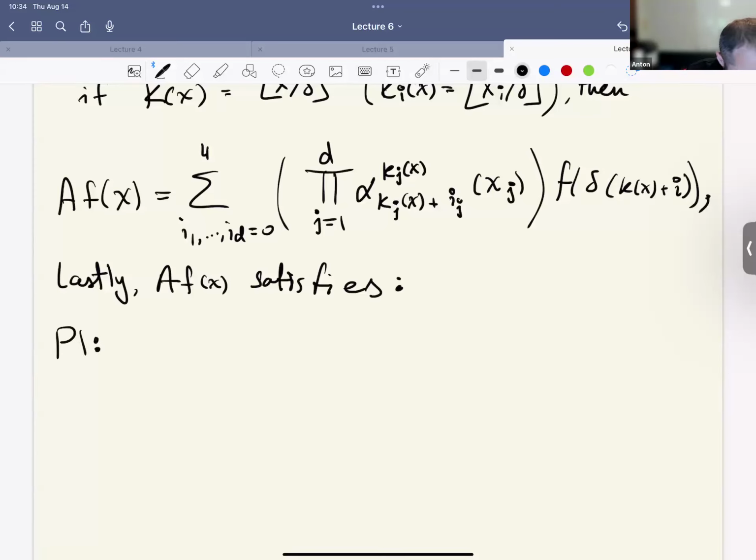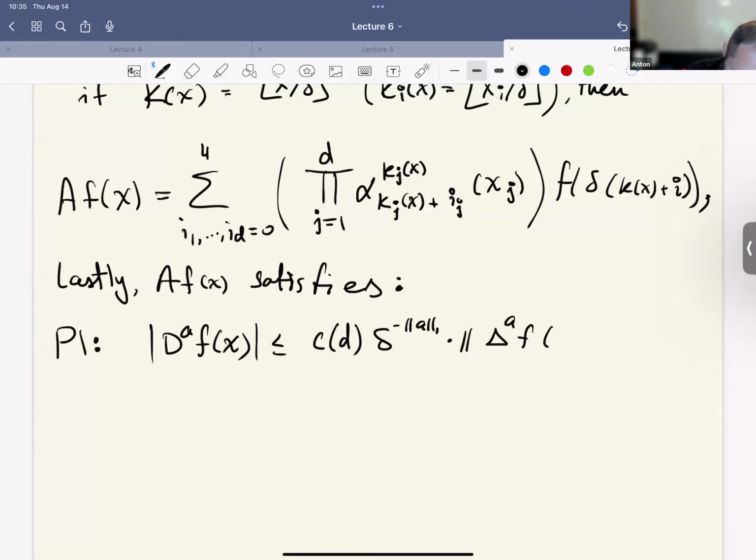Property number one, the derivative of Af of x is less than or equal to some constant, which depends on the dimension, delta inverse, and times the norm of the corresponding forward difference.